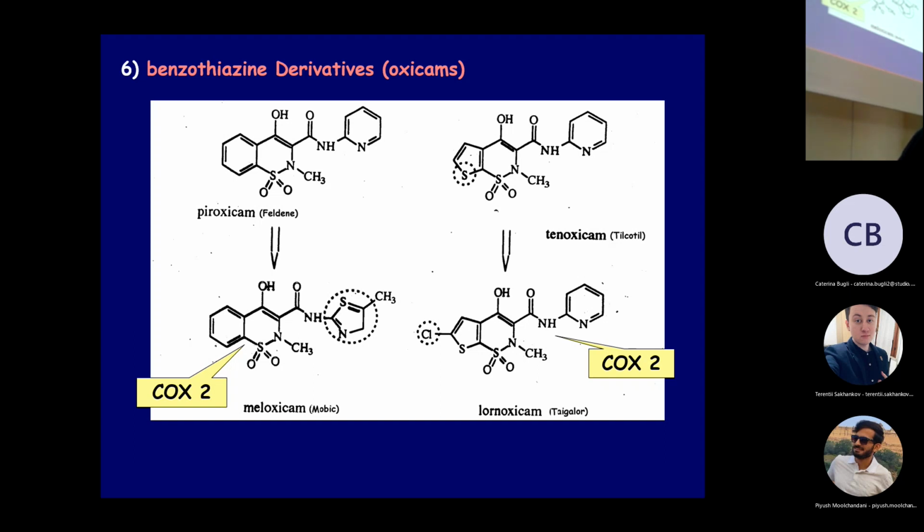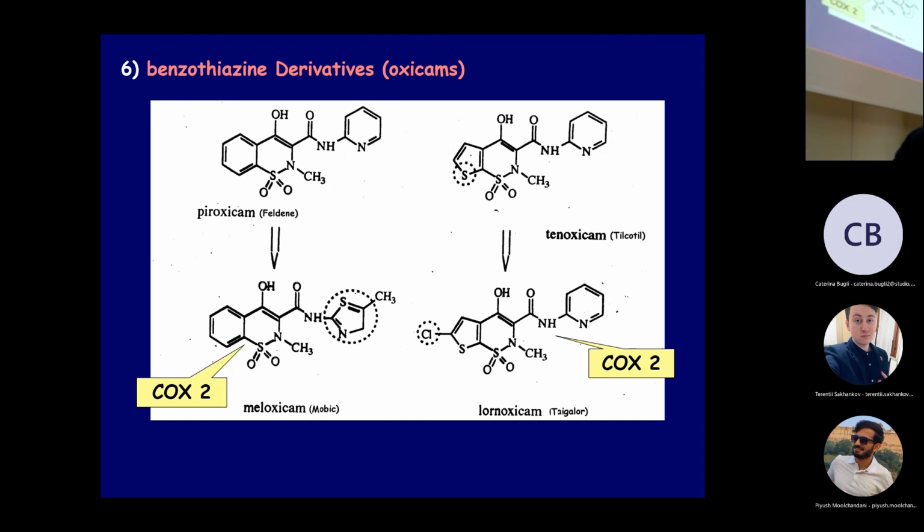If you remember, there are at least two different types of cyclooxygenases. Type 1, which is normally present in the stomach, constitutive, and type 2, which is inducible in the area of injury.